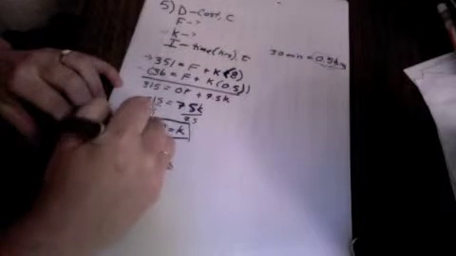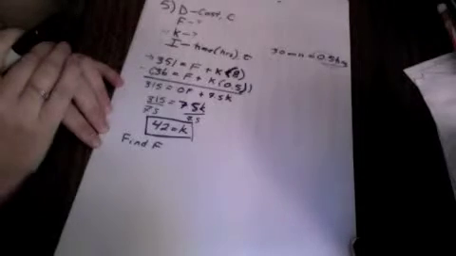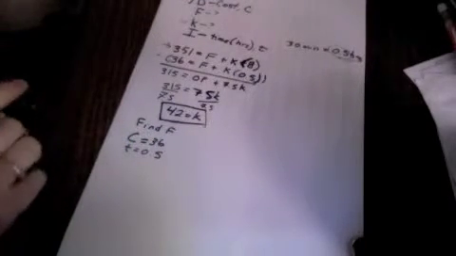Now we can use this information to find F. So we know from this equation that when C equals 36, T equals 0.5. So let's plug that into our equation.